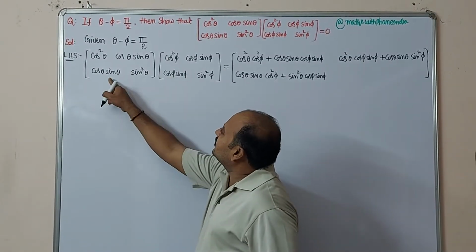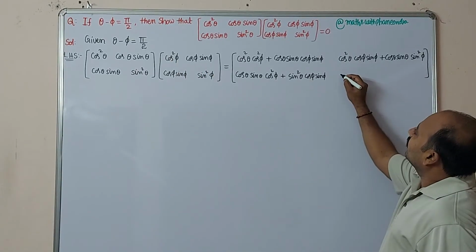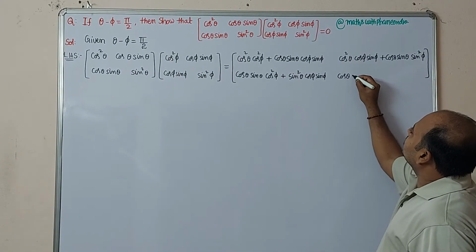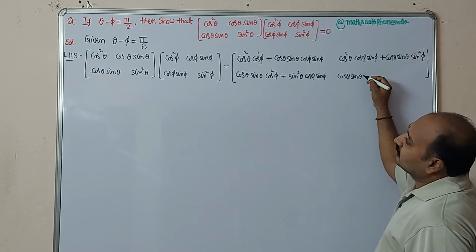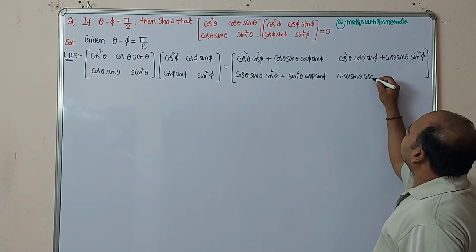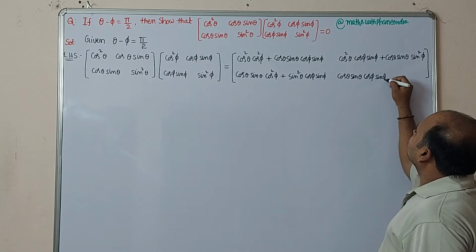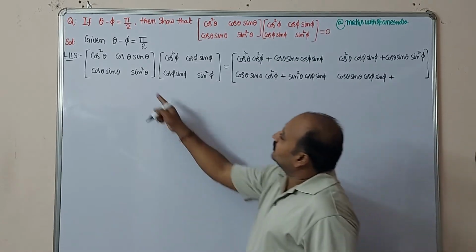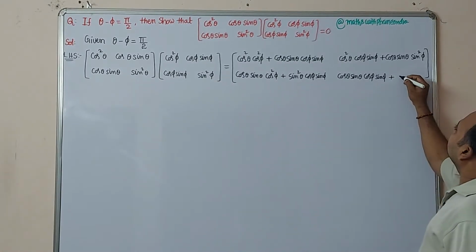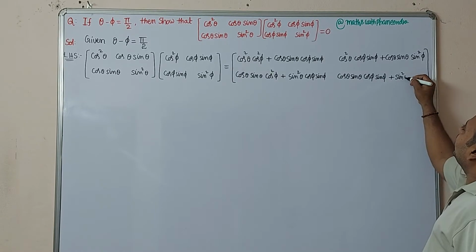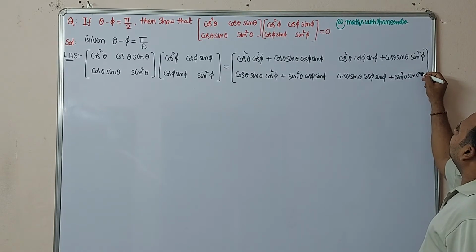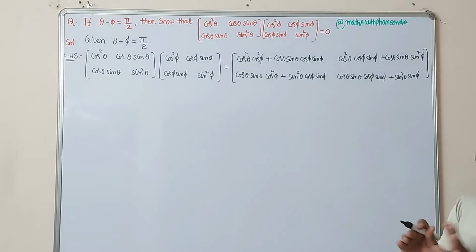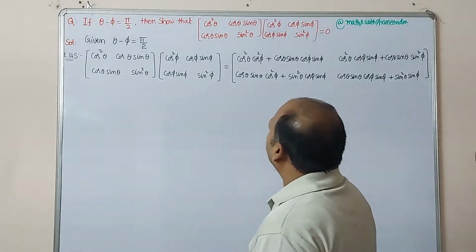Next, these two have to multiply: cos theta sin theta, cos phi sin phi, plus sin square theta sin phi, sin square theta sin phi. Just actual multiplication we did.